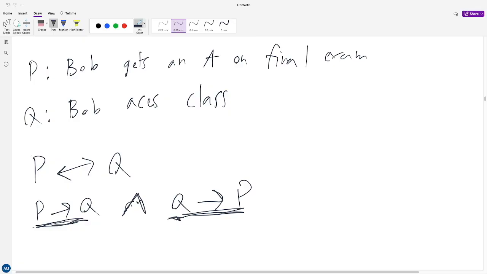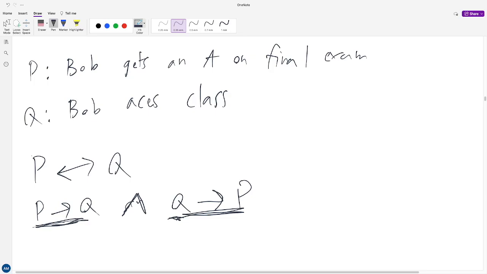Now suppose that P and Q are false. It also works out. Say that Bob does not get an A on his final exam. Well, then it's impossible that Bob aces his class, right?